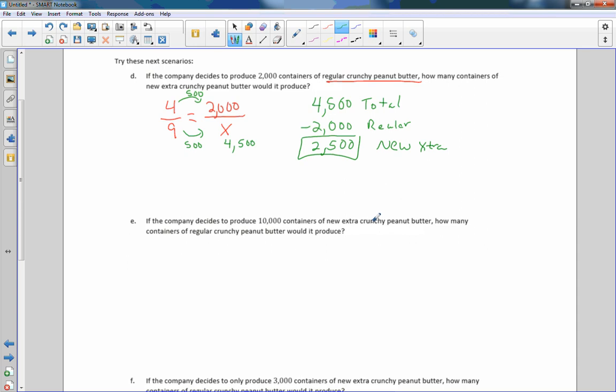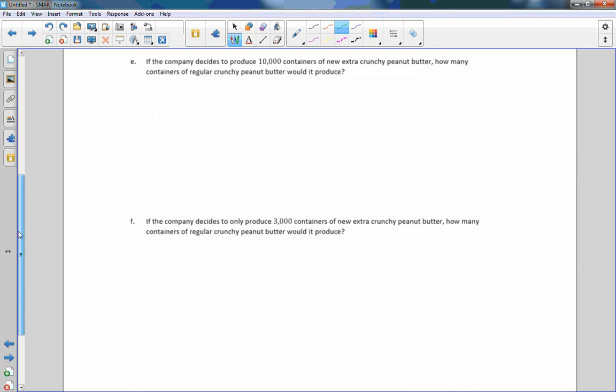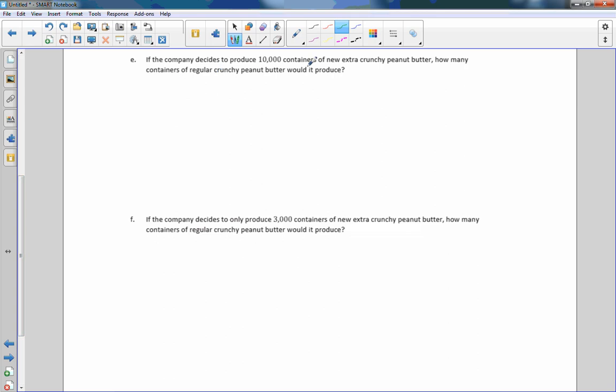2,500. Okay? E. If the company decided to produce 10,000 containers of new extra crunchy, so that's the new 10,000, how many containers of regular would it produce? So now we're talking about the new extra chunky, and the ratio of new to the total is 5 to 9.